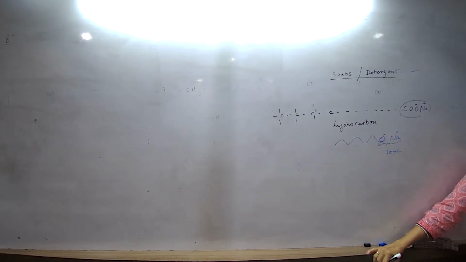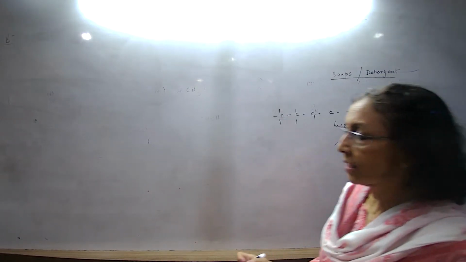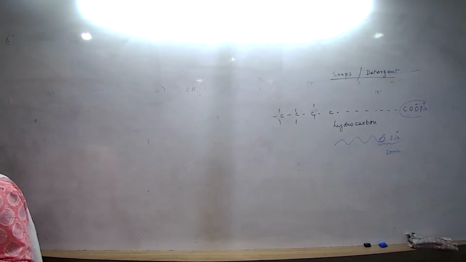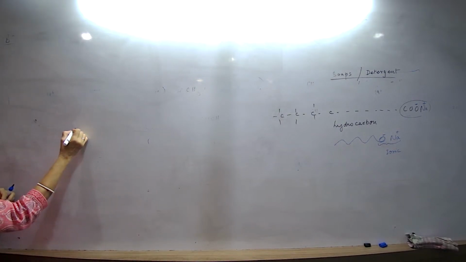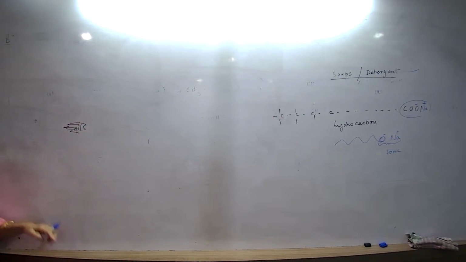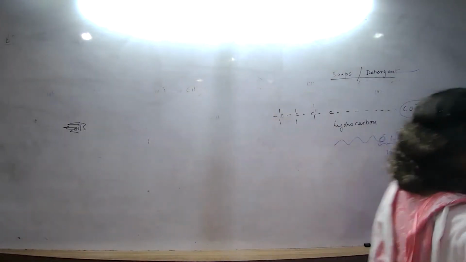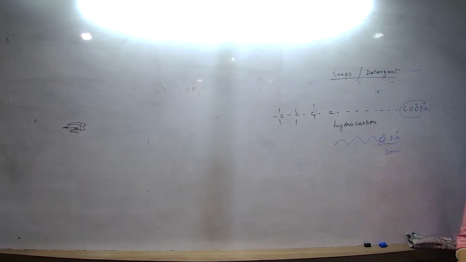So when we are talking about the action of a soap, basically a soap is required to remove any kind of dirt from any surface material, maybe a cloth or a metal surface or whatever it is. When you have an oil or a grease or something of that sort, this is the dirt that has to be removed. We are using a soap. You notice that the structure of a soap molecule consists of two distinct parts.